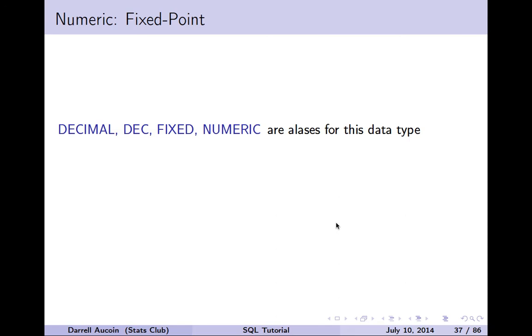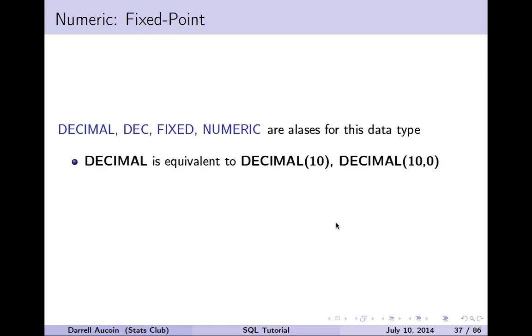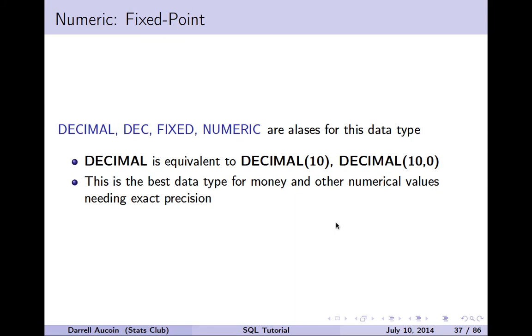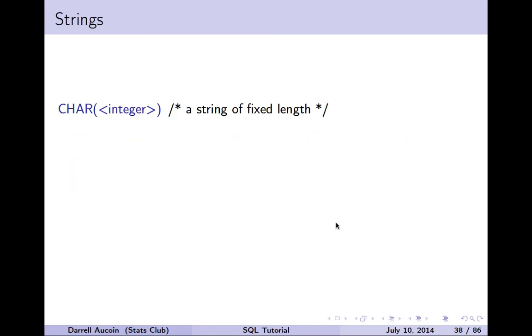Decimal, fixed, numeric are all aliases for the same thing. This is also equivalent: without the brackets and having no specifiers, it'll be automatically 10 and 0. This is usually the best data type for money and numeric values.